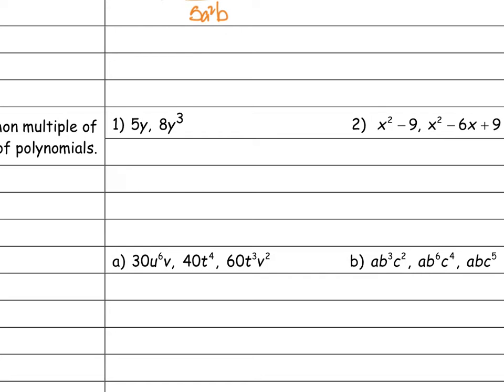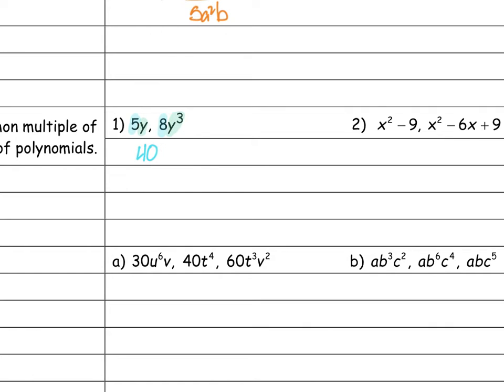So first, the first thing I look at are my numbers. What do both 5 and 8 go into? That one's pretty easy because we know that both 5 and 8 go into 40. And then we're going to take a peek at the variables. That one's just a little tougher.